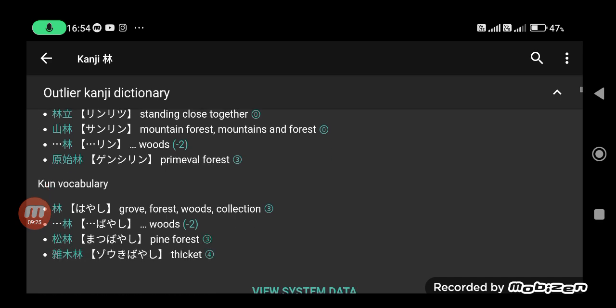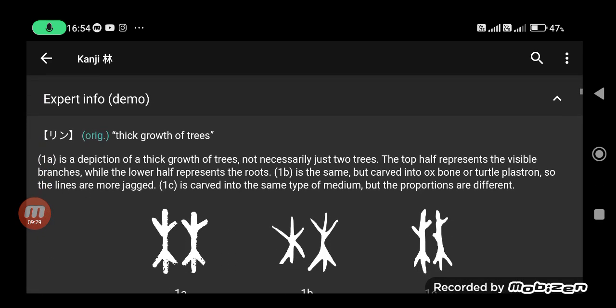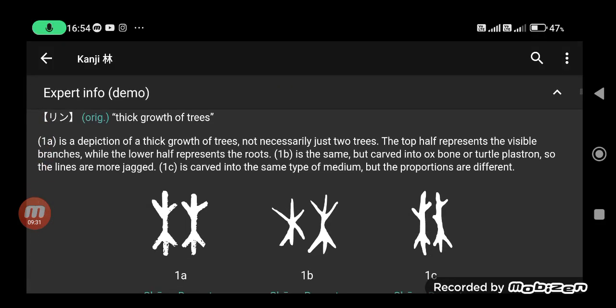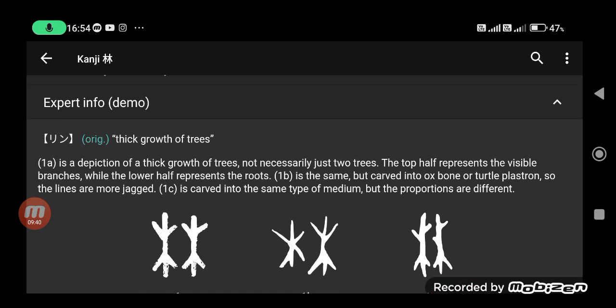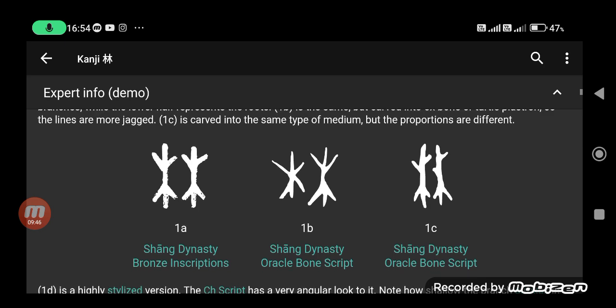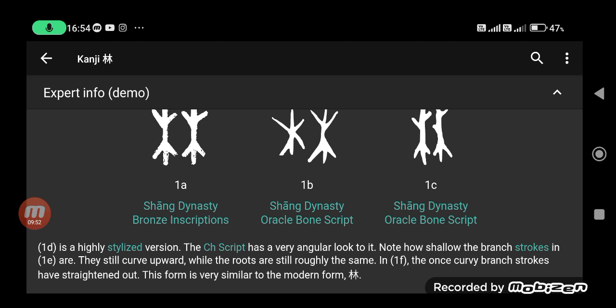So let's deal with vocabulary. Here we have the origin of this kanji. As I have told you, minasan, many months ago, kanji are adapted from China, and they are actually pictures. They date all the way back to the Shang Dynasty.